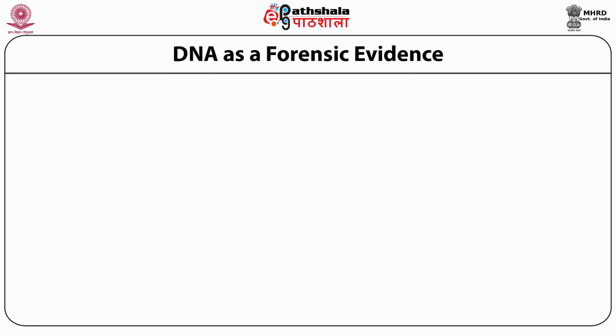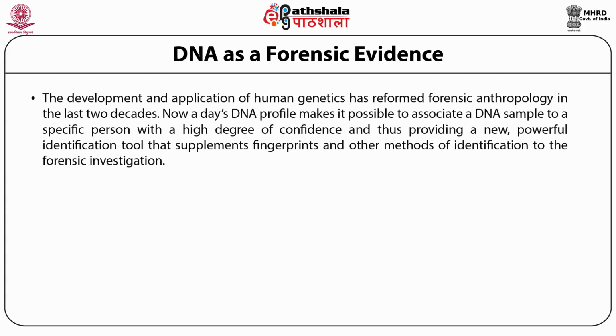DNA as forensic evidence. The development and application of human genetics has reformed forensic anthropology in the last 2 decades. Nowadays, a DNA profile makes it possible to associate a DNA sample to a specific person with a high degree of confidence, and thus provides a new powerful identification tool that supplements fingerprints and other methods of identification in forensic investigation.